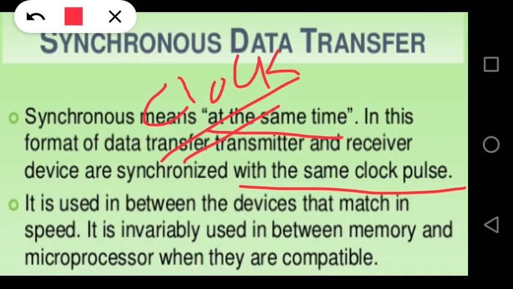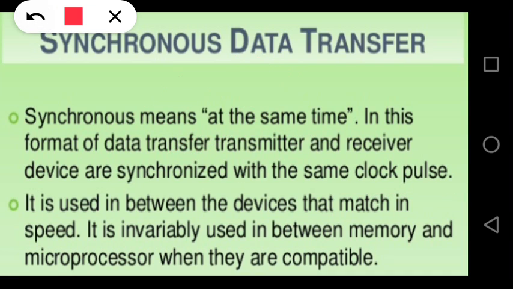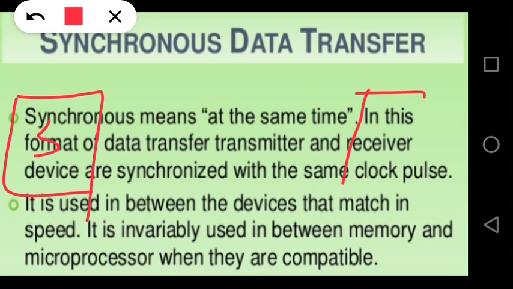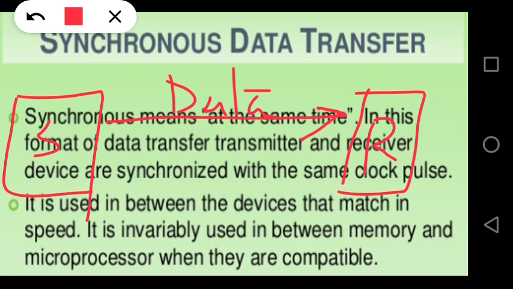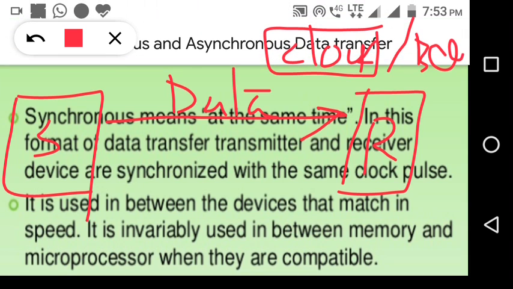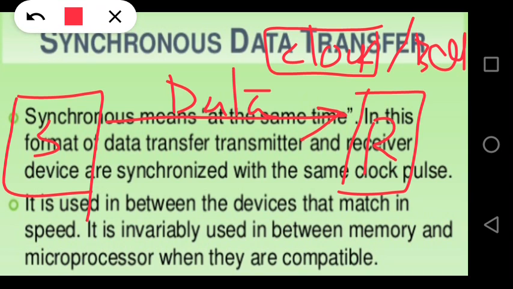Similarly, in synchronous transfer, the sender and receiver can share the same clock. This is my sender, this is my receiver. The sender sends the data to the receiver by looking at some clock pulse, something like the bell.